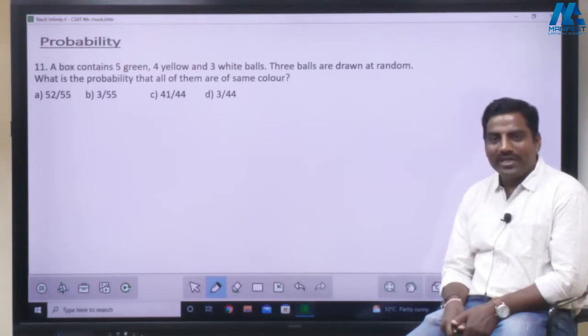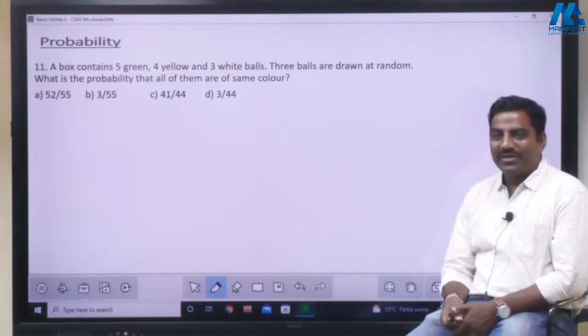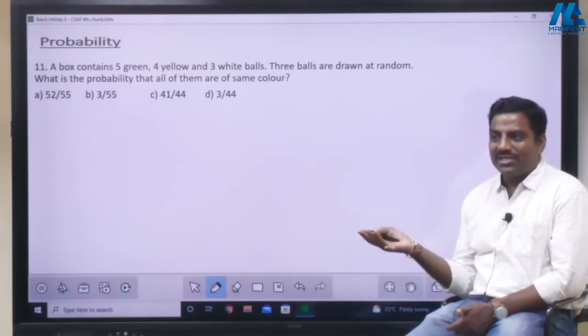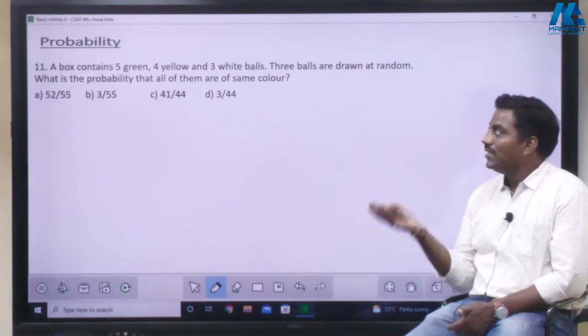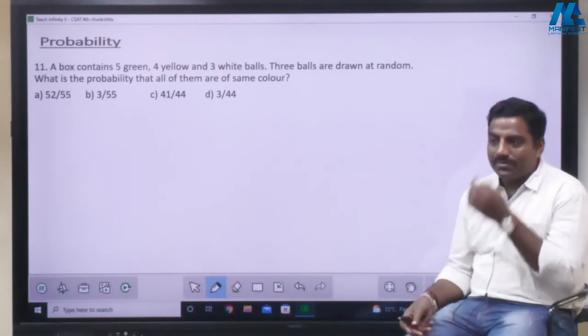Treat it like cards. What all we have seen different? What suits, you have seen different colors, you have seen different numbers. This is only simple, straight. This is one dimension, not 2 dimensions. It is only color. 5 green, 4 yellow and 3 white.